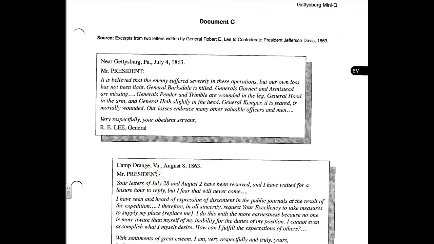Now moving to document C, which are excerpts from 2 letters written by General Robert E. Lee to Confederate President Jefferson Davis. The purpose of the 2 letters is to reflect the mood of General Lee after the Battle of Gettysburg. From other sources, we know Lee was up and down. He wrote his wife during the return with his army to Virginia that "Our noble men are cheerful and confident."